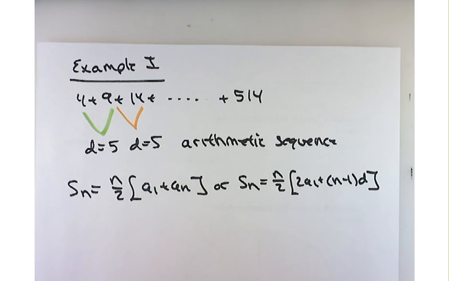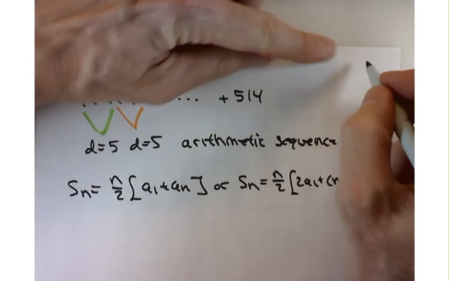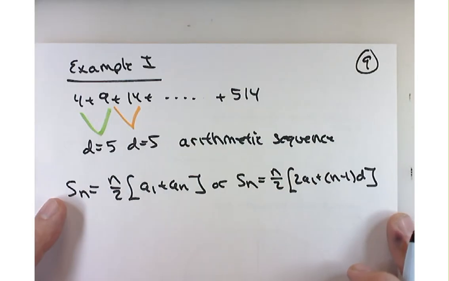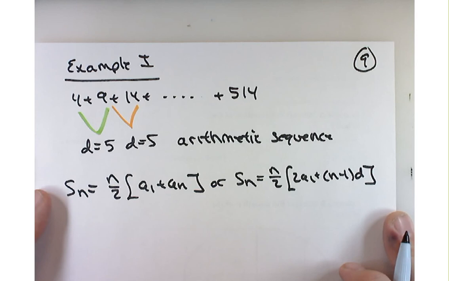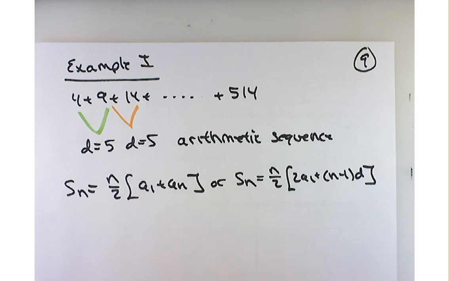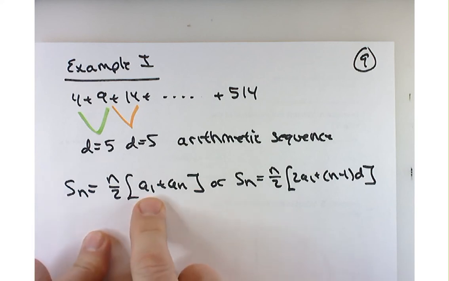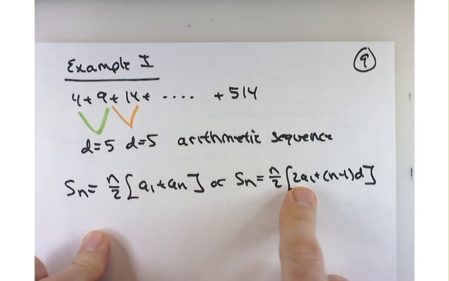Which one of those do I want to use in this particular case? The first one? The second one. You're going to run into a problem either way. I know what a sub 1 is, that's 4, so I'm good there.